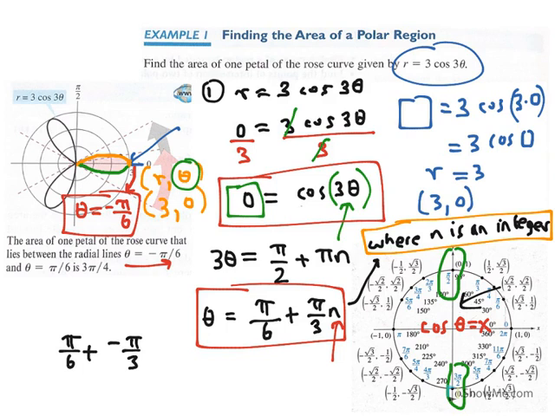And when you add the two fractions, you will have pi over 6 plus, multiply this one by 2 over 2 to get negative 2 pi over 6, which will give you, add the numerators, pi plus negative 2 pi is negative 1 pi over 6.